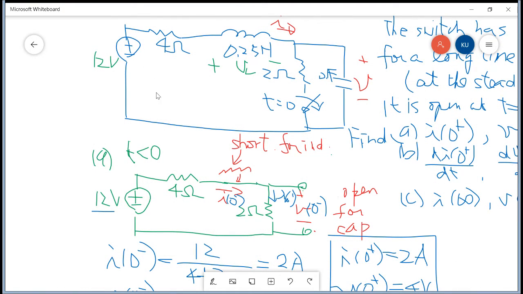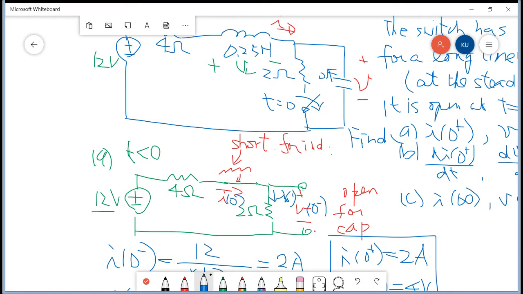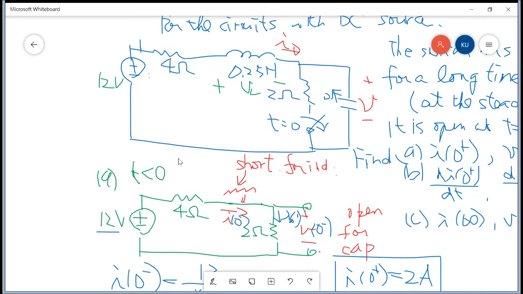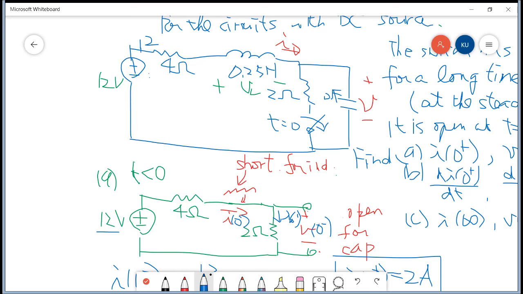This node is 12 volt, and this voltage will be 4 times I(0+).